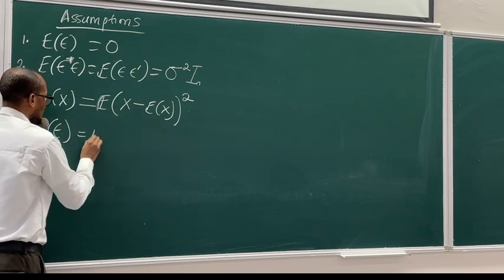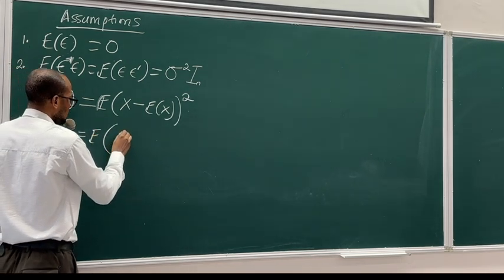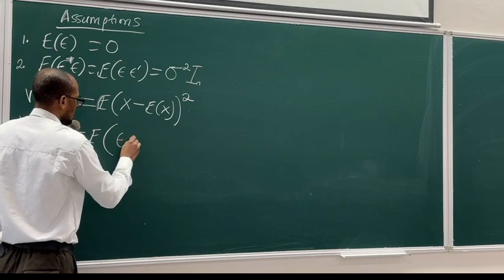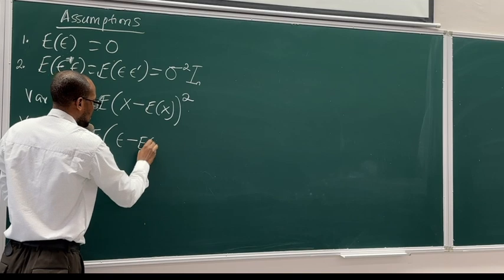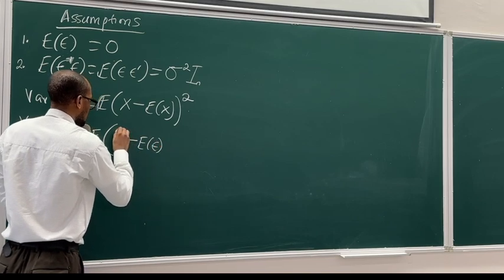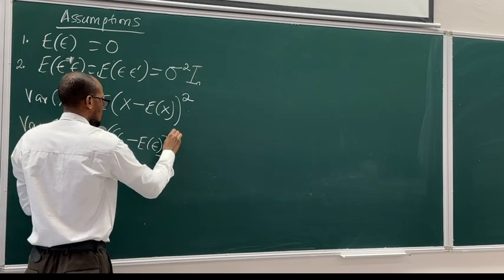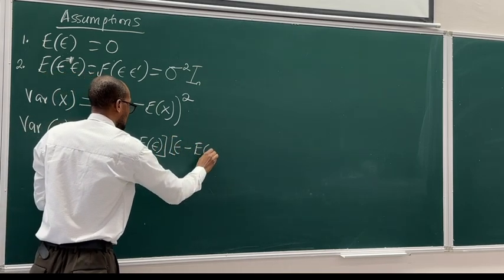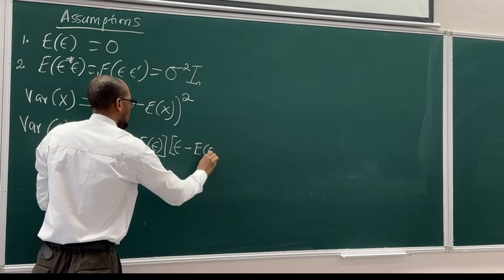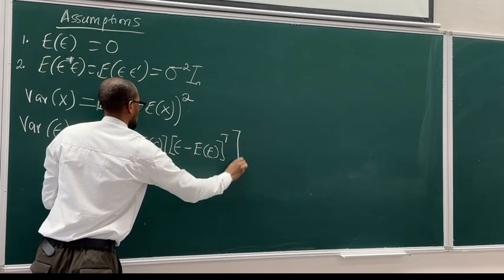It is going to be the expected value of E minus the expected value of E, times E minus the expected value of E, transpose.